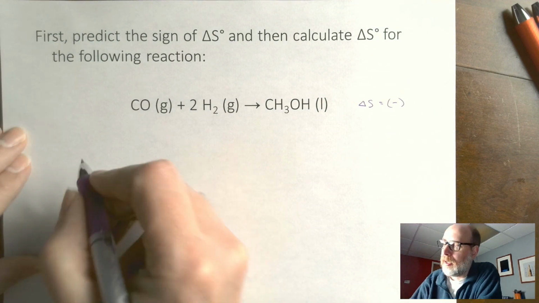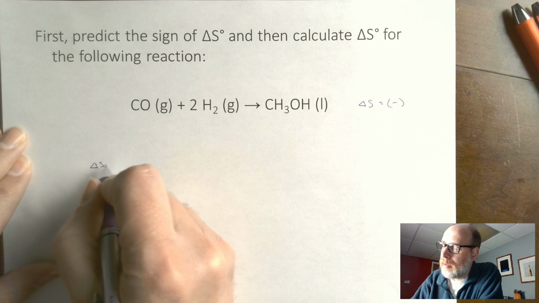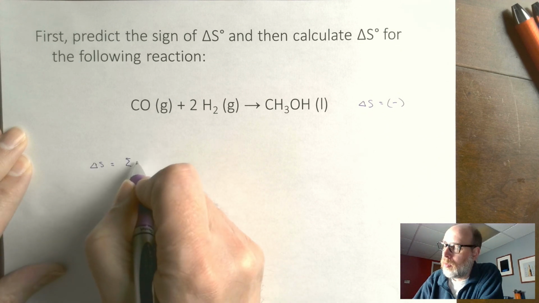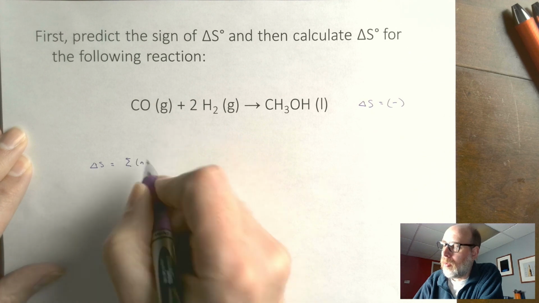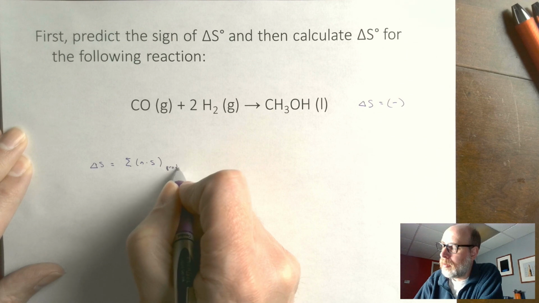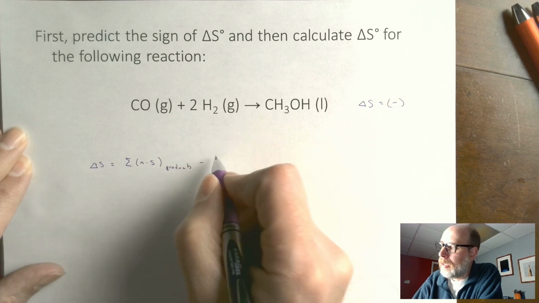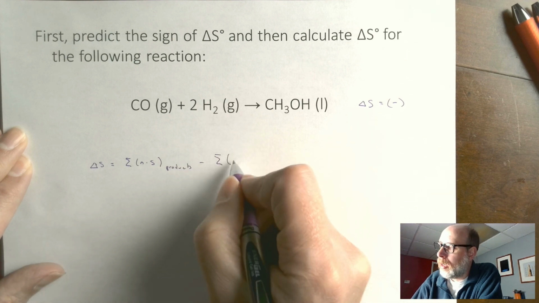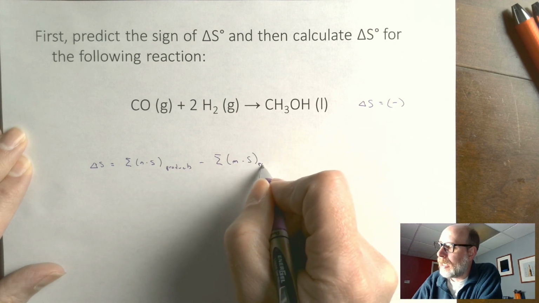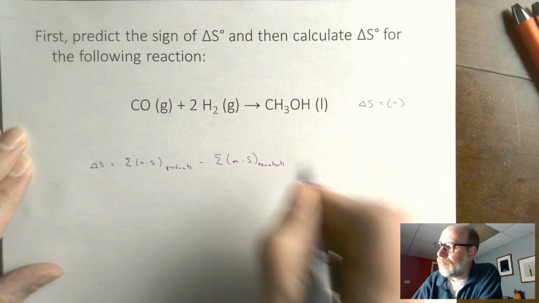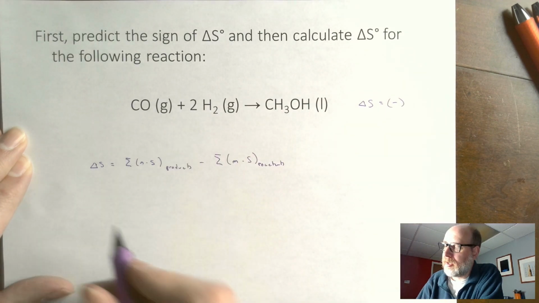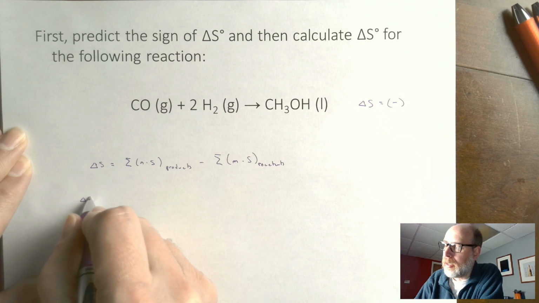So we said that the entropy change for this particular reaction would be the number of moles times the entropy for the products minus the sum of the number of moles times the entropy for the reactants. And we've got our products and our reactants, so we can just start plugging everything in.